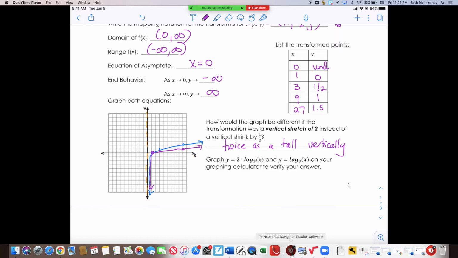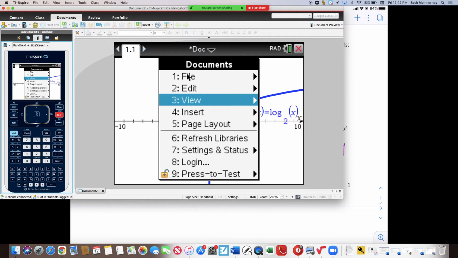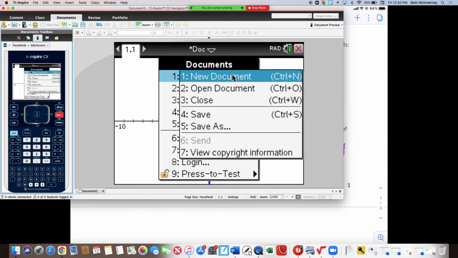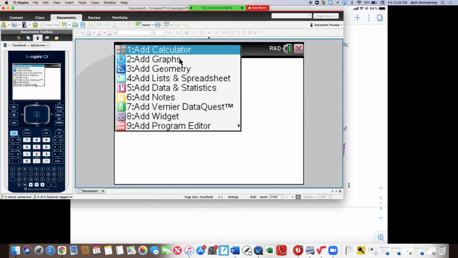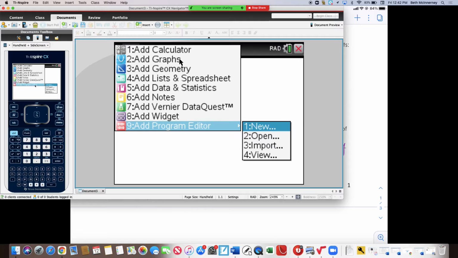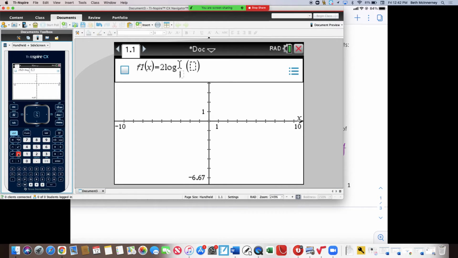So let me see, here's mine. Since most of you have the Nspires, let me do this. I'm going to add a graph. So I'm going to do 2 log base 3 of x.